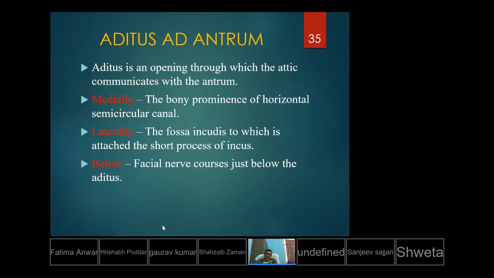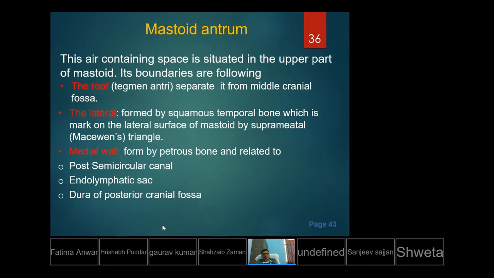Laterally, the fossa incudis is related, and below, the facial nerve courses just below the aditus. Now, the mastoid antrum.